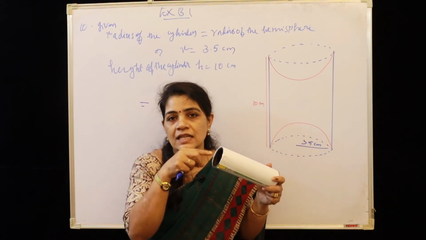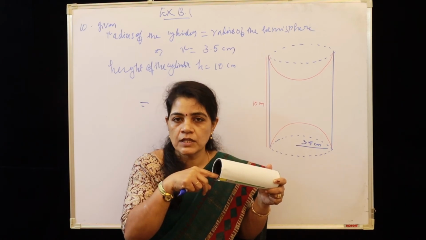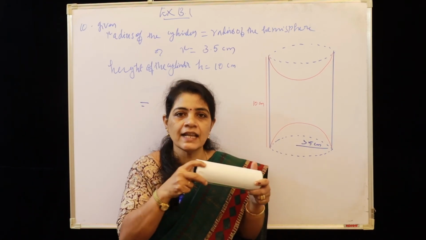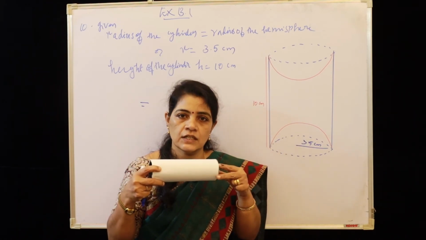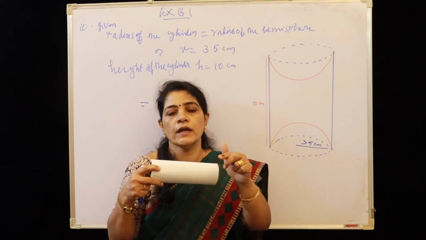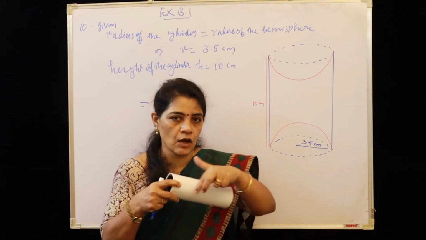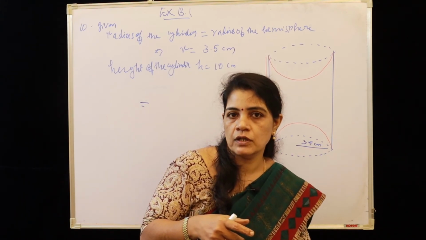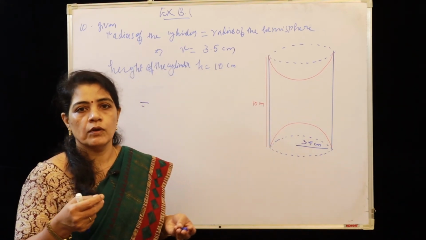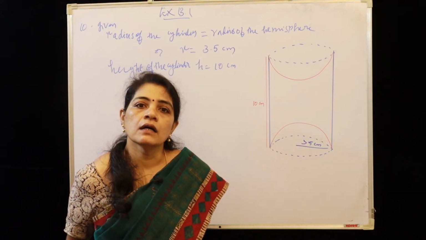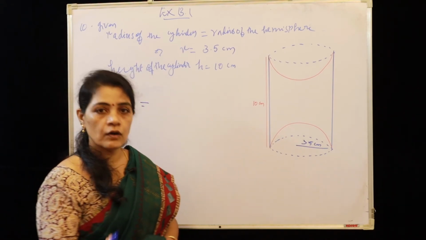So CSA of hemisphere for this end and CSA of the hemisphere for the other end, that means 2 into 2 pi r square, plus 2 pi r h, that is the CSA of the cylindrical portion. This is the problem, in order to get the total surface area of the wooden article.